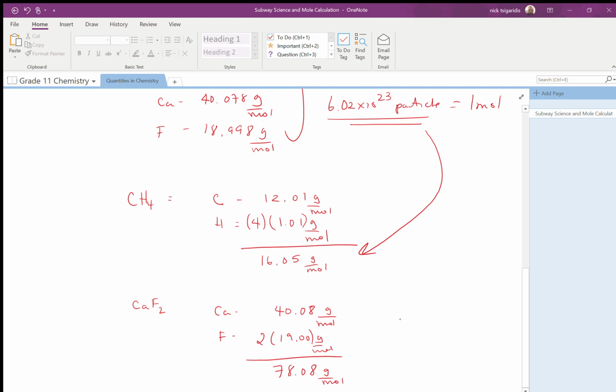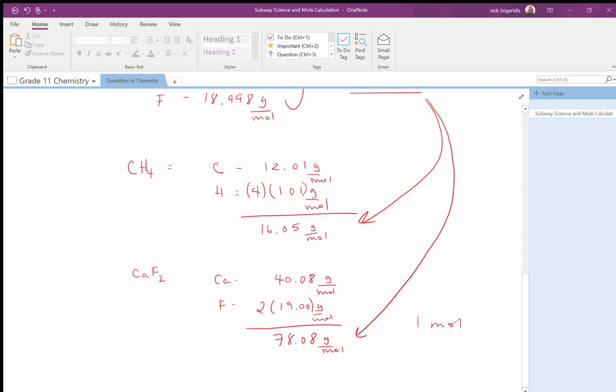And so that's how you determine the molar mass of these particular substances. So if I had Avogadro's number of calcium fluoride molecules, so if I went out, grabbed some calcium fluoride out of the back room there, and I weighed out exactly 78.08 grams of calcium fluoride, I would have 1 mole of calcium fluoride.